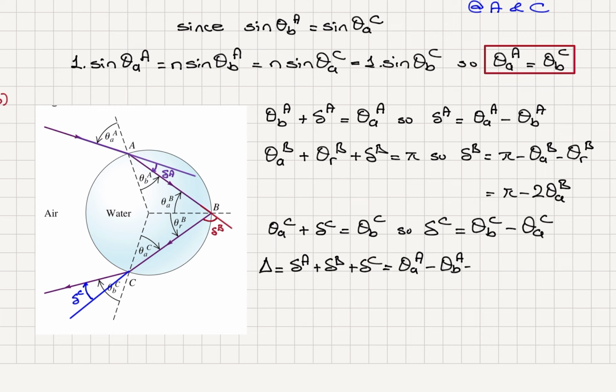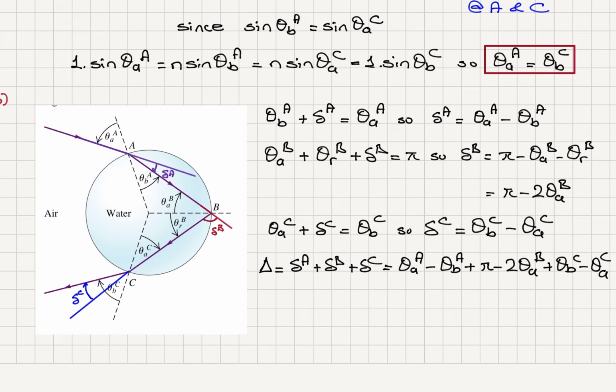And for the third term, I have theta sub B at C minus theta sub A at C.